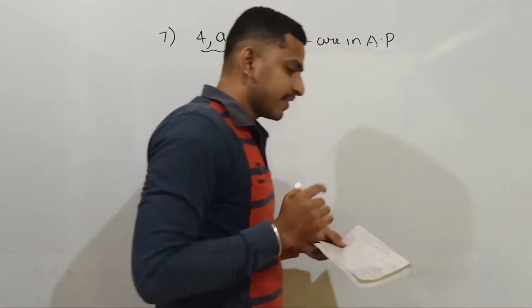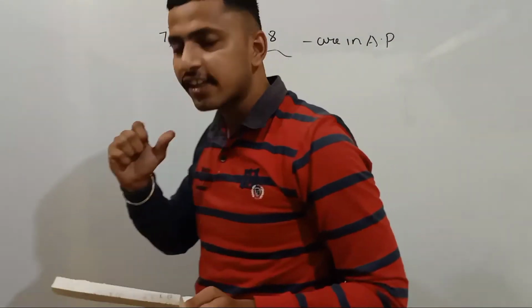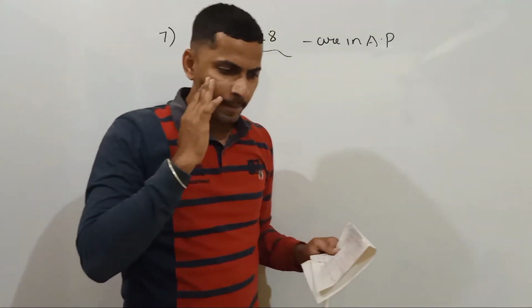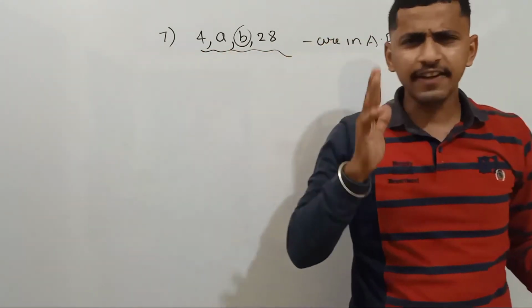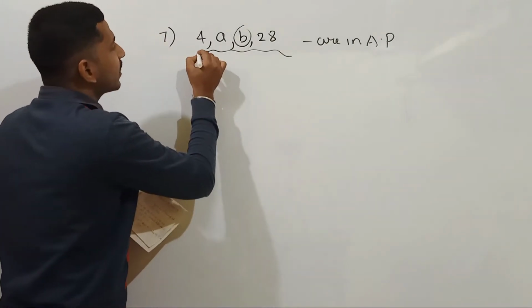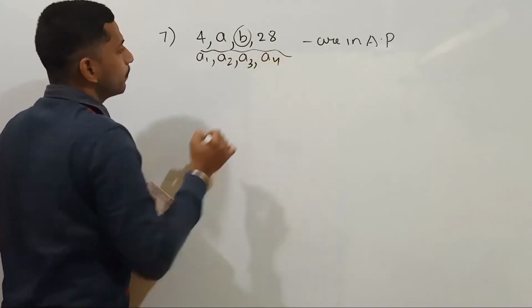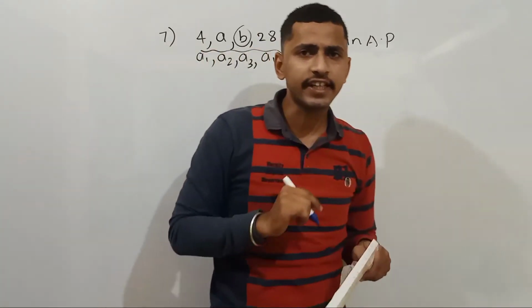Since they have given that they are in AP, the first thing that comes to our mind is that all the differences will be the same, that is, the common differences will be the same. If I take these as A1, A2, A3 and A4, it is given that all the terms are in AP.